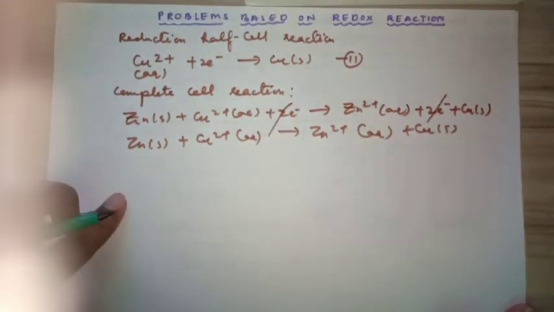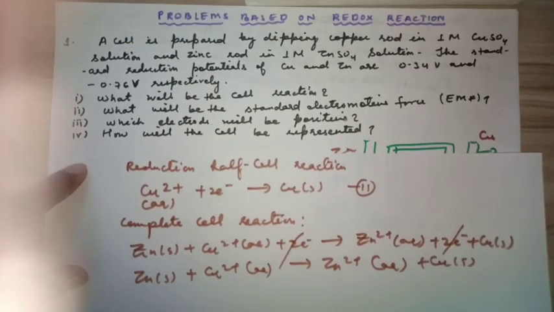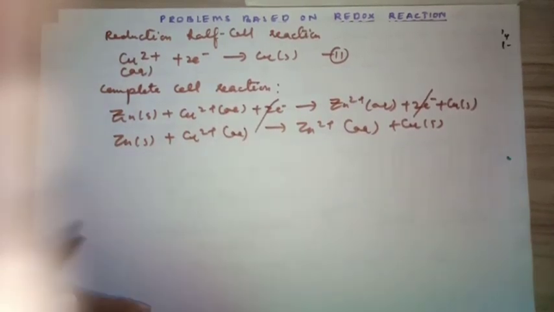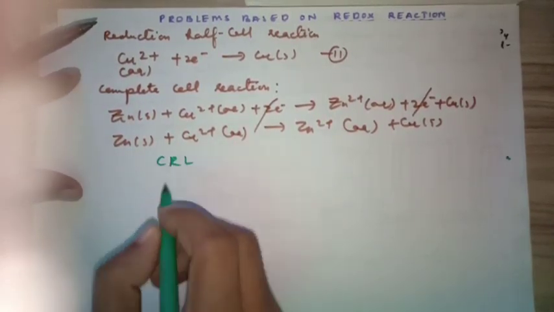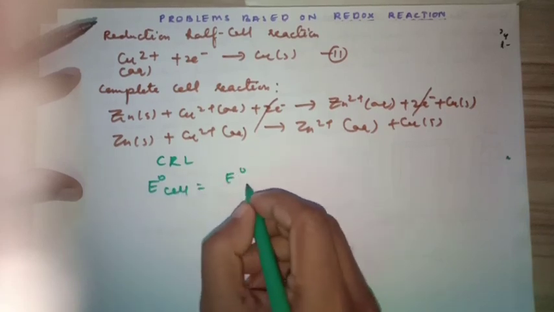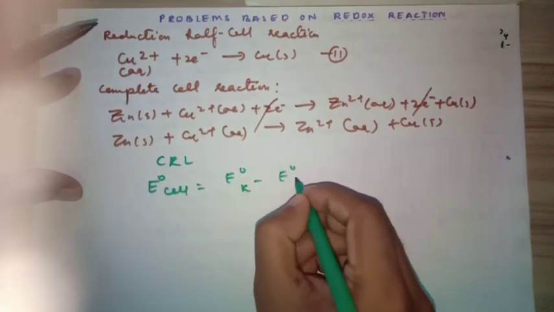The second part of the question is what will be the standard electromotive force? So we have to find EMF. E naught cell is equal to E naught right minus E naught left.